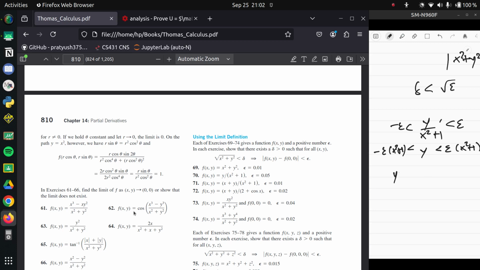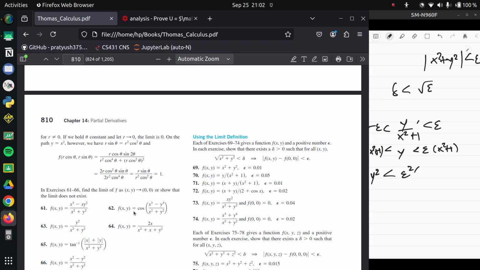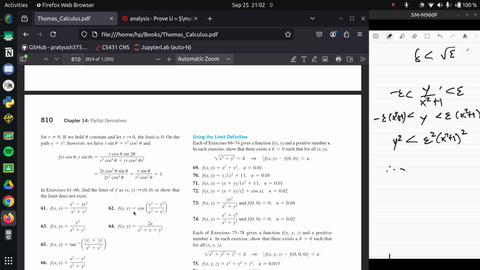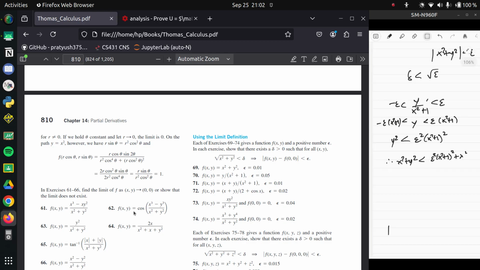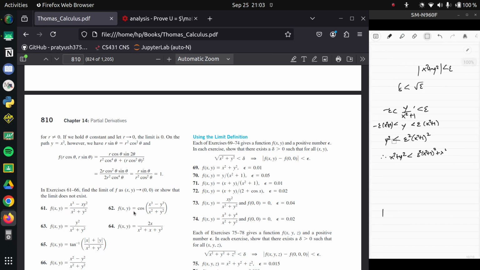So what does that mean? It's like y square is less than square of that. And this you can actually minimize, right? Because this thing is just epsilon. Oh, but you can't just be doing that. That doesn't make sense.